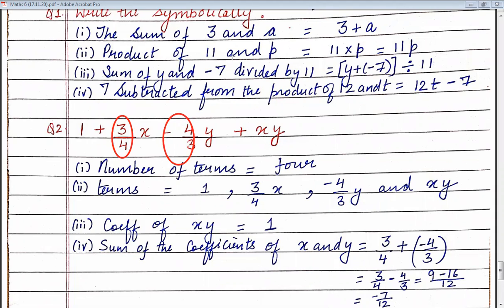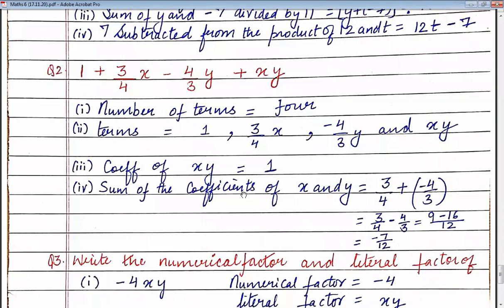Okay, students. Now, in the question, they have asked about the sum of the coefficients. So, let's see 3 upon 4 plus minus 4 upon 3. Now, we have to add them. And you already know that if there is a fraction, you have to take the LCM. What is the LCM of 4 and 3? 12.